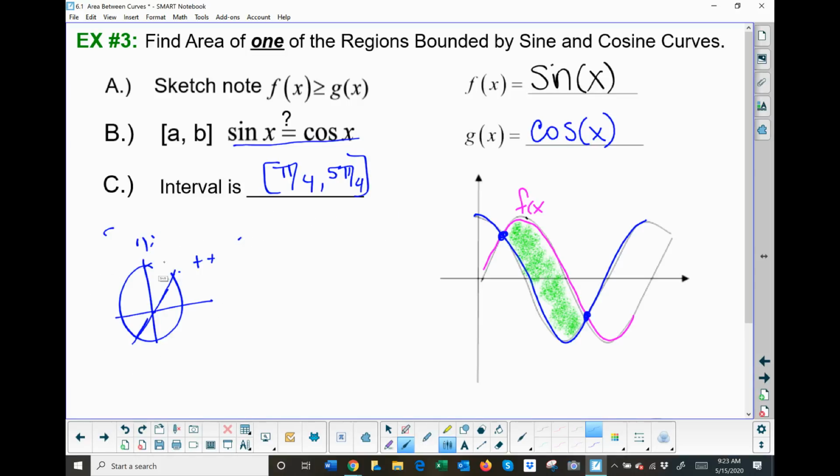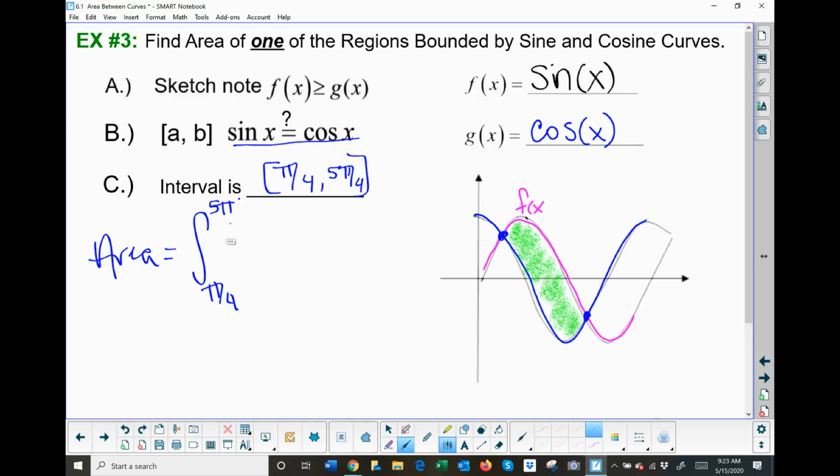All right, now let's set up the integral. The area between the curves would equal an integral from pi over 4 up to 5 pi over 4. My top function is f of x, which is sine. Bottom function is cosine. Multiply by the width dx.